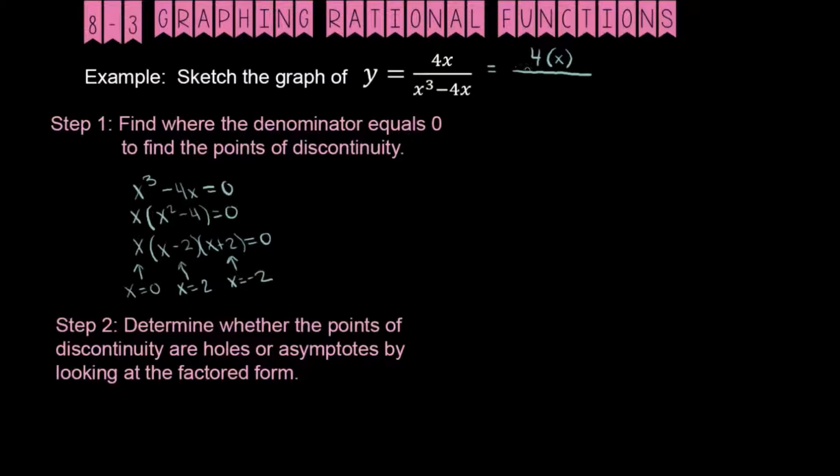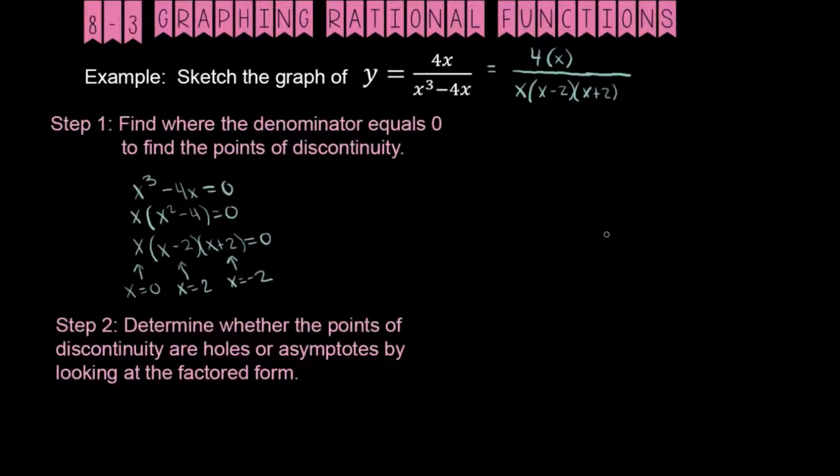I think this will help us to see something, which is why I wrote it this way. But basically, we can't factor it beyond what it is here. However, we can factor the denominator, as we saw right here. So I'm going to write it in factored form, which is x times x minus 2 times x plus 2.